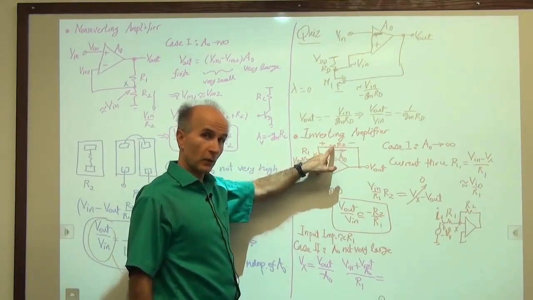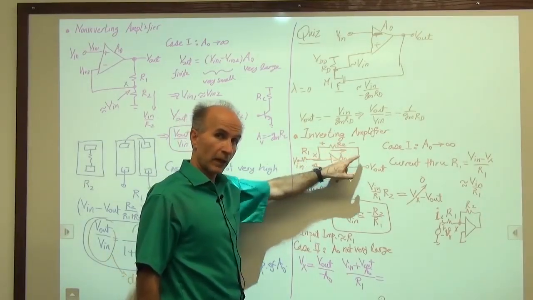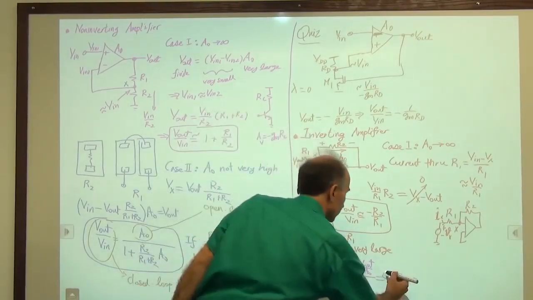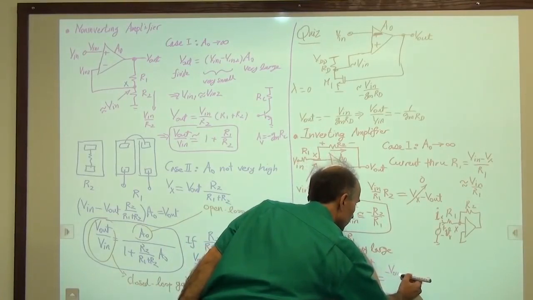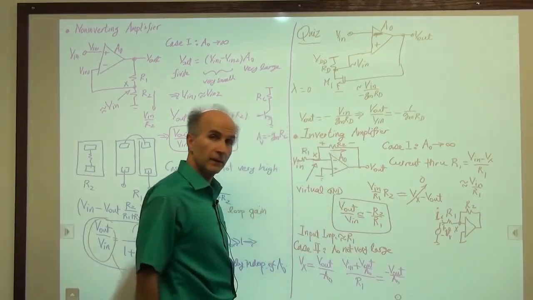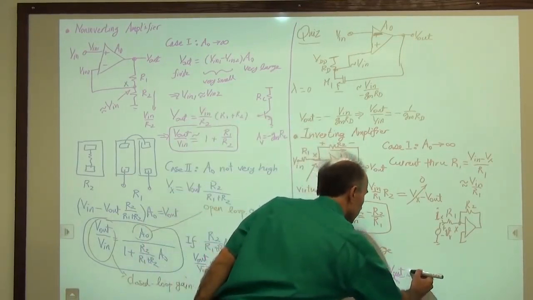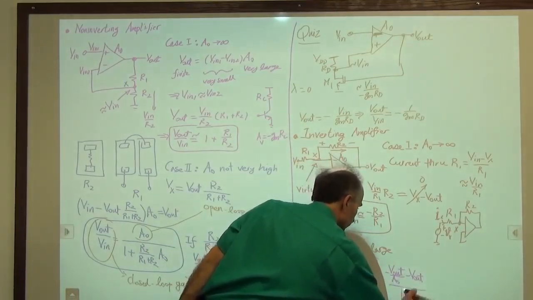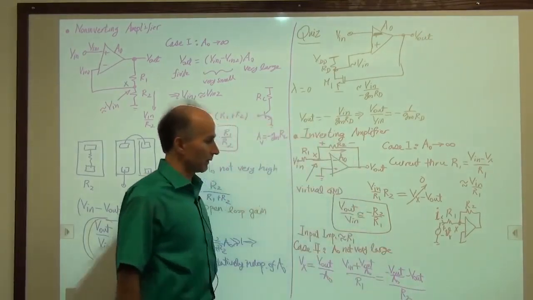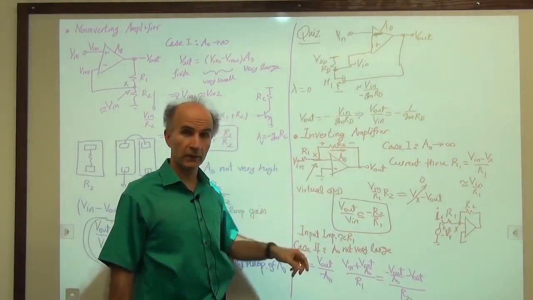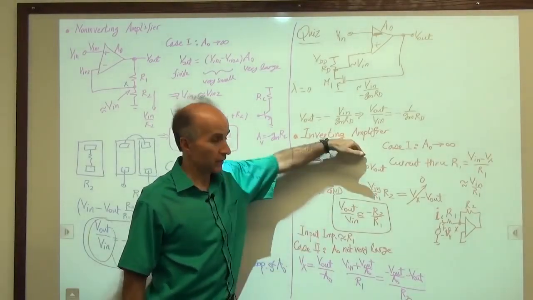So the current through R2 is equal to Vx minus Vout over R2. Vx we know, so minus Vout over A0, that's Vx, minus Vout. This is the total voltage across R2 divided by R2, which gives us the current through R2 going from left to right. So this current comes in and it has to go through R2.